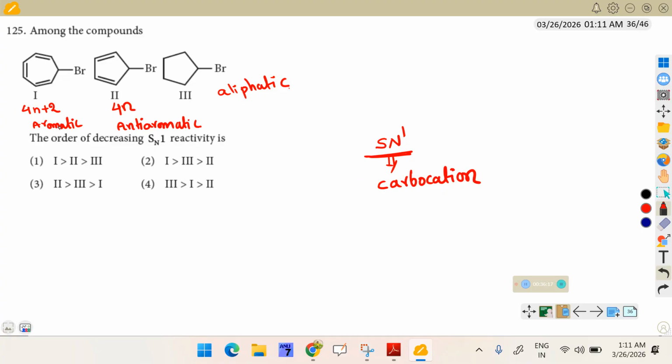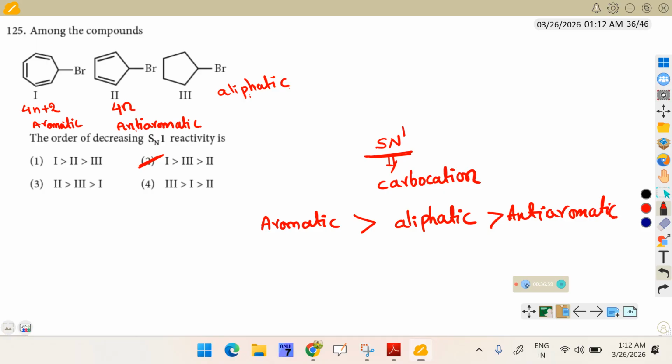Aromatic is more stable. So aromatic first, then aliphatic, then anti-aromatic. The second option is the correct option. It depends upon the order of stability of carbocation. Aromatic carbocations are more stable, after that aliphatic, finally anti-aromatic carbocations.